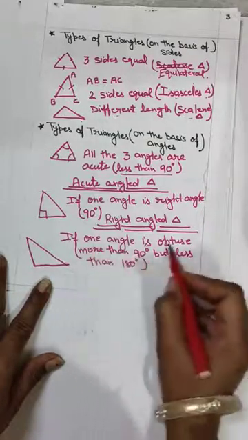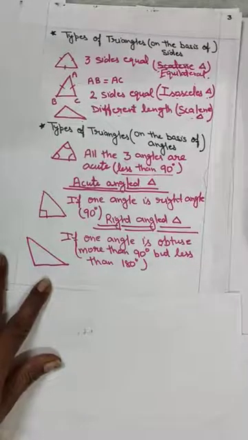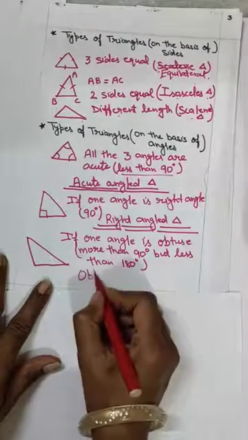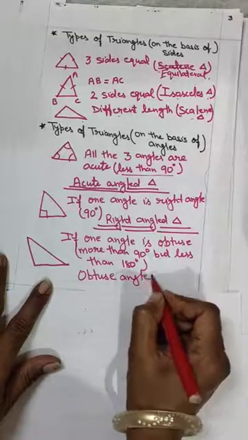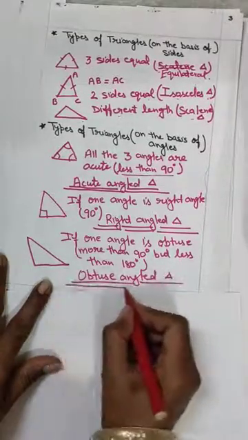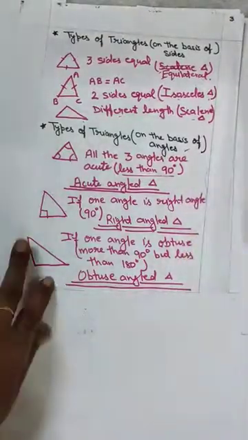So if one angle is obtuse, that is more than 90 degrees but less than 180 degrees, then it is called an obtuse angled triangle. This is the third type of triangle on the basis of angles.